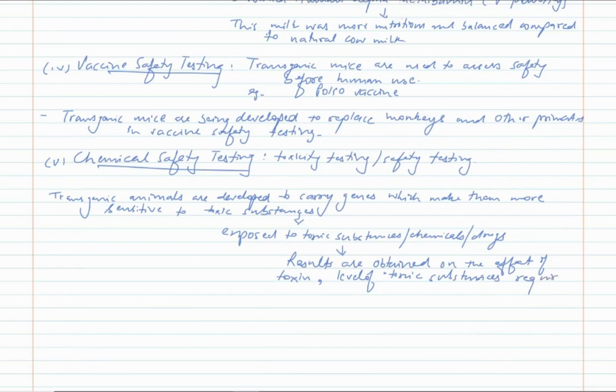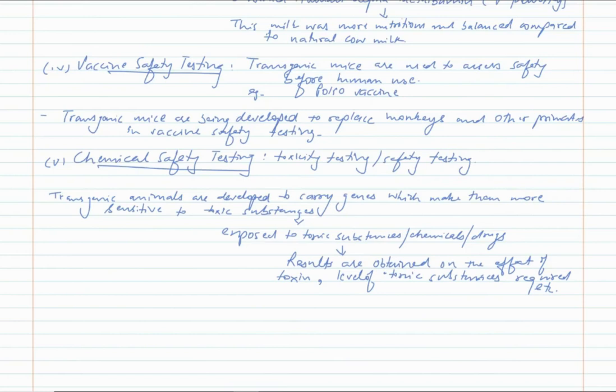What is the level required, what is the effect, how many deaths are there due to this particular toxic substance, this is all assessed, and the results are compared with other trials, and this can be used to assess the toxicity of a particular chemical and its safety before human use.